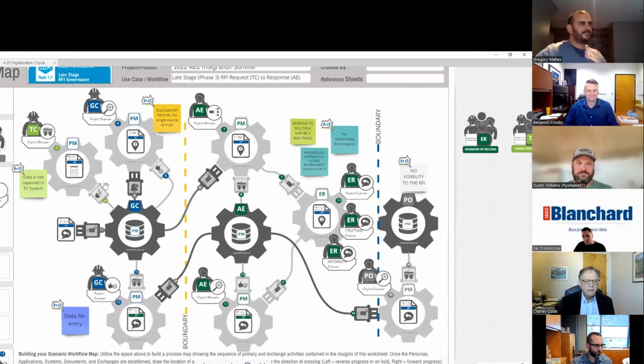So you have an individual, a trade contractor, or a persona within that for creating an RFI. They're hand jamming an RFI into their own PM system, and then also into the system that the GC is maintaining. So there's your first point of either duplicate effort, if it's put into both, or there's no data in the trade contractor system because they only put it into the GC system. So we want to get rid of that shared pain, right?